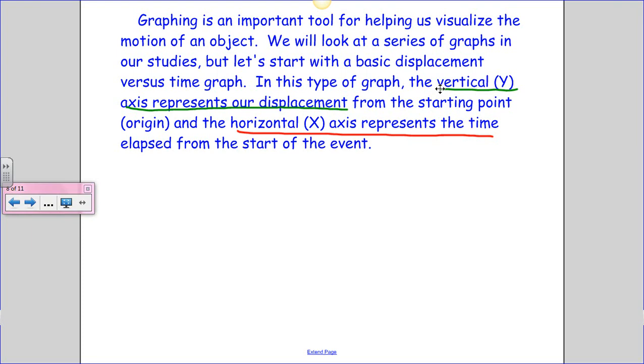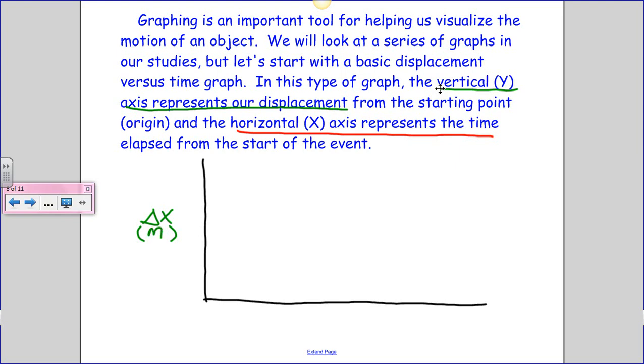So we draw a y and an x-axis, and the y represents displacement, and remember, displacement is represented by a delta x. And what kind of units are we going to use here? Well, displacement is a type of length. It's a kind of distance.